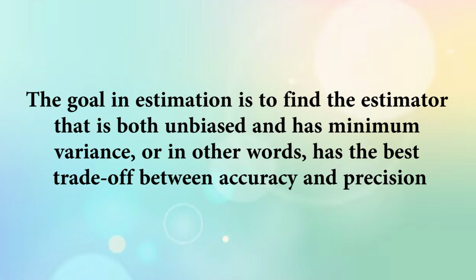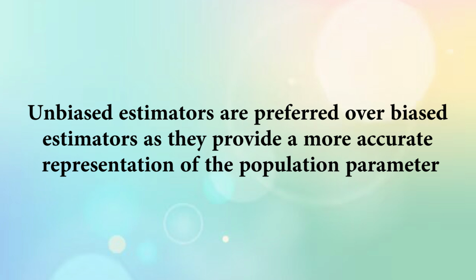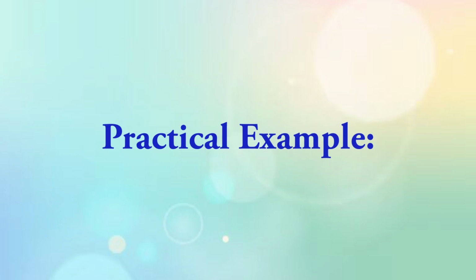The goal in estimation is to find the estimator that is both unbiased and has minimum variance, or in other words, has the best trade-off between accuracy and precision. Unbiased estimators are preferred over biased estimators as they provide a more accurate representation of the population parameter. Now, we shall look into certain examples for unbiased estimators.